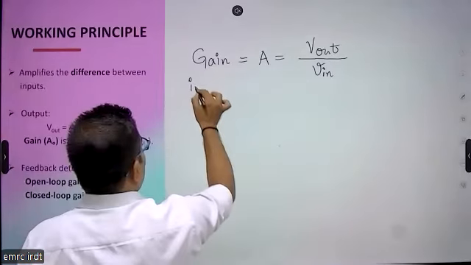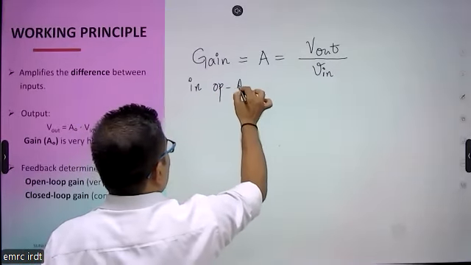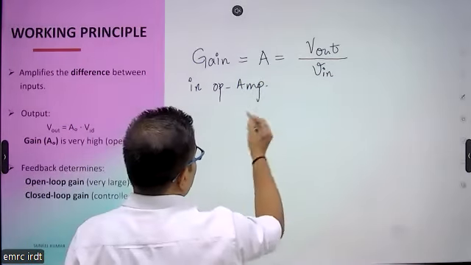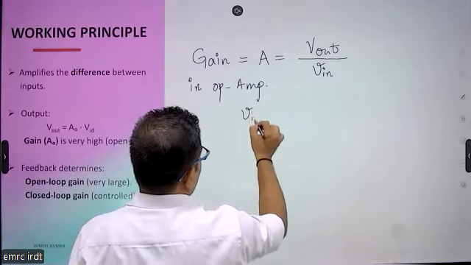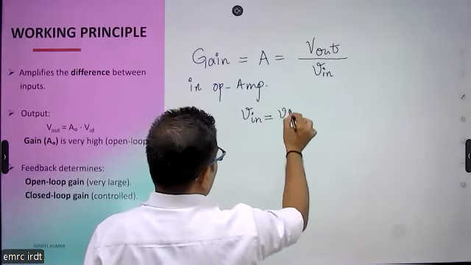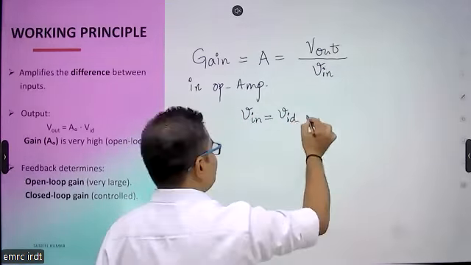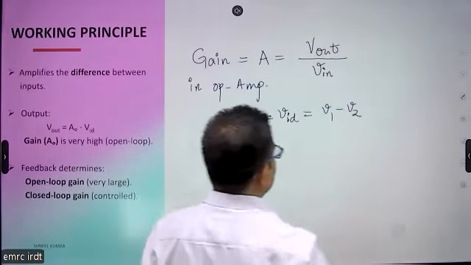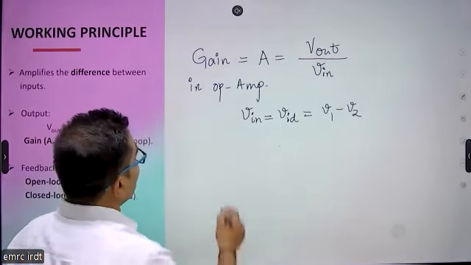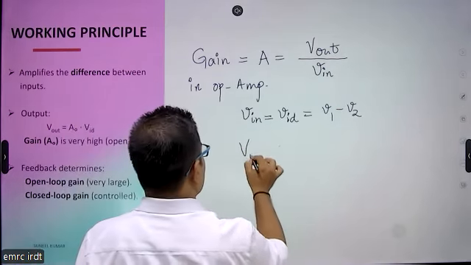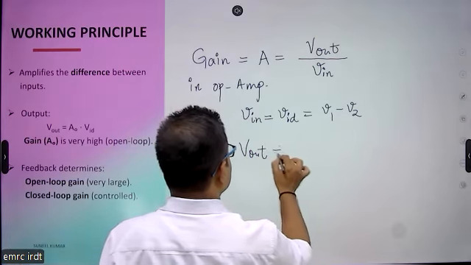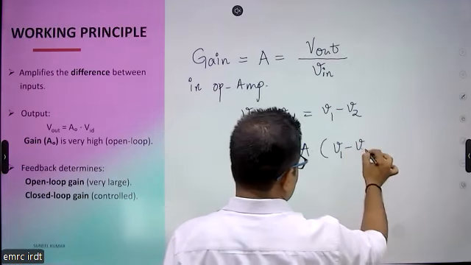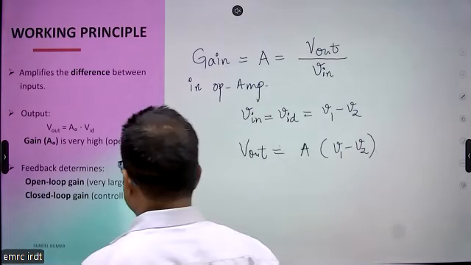So in op-amp, we are having difference of input signals as input voltage. Here this V input will be the difference of input signals, that is VID, that can be written as V1 minus V2. So here we have output voltage as A times (V1 minus V2).